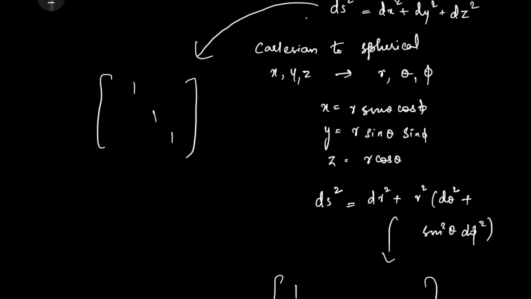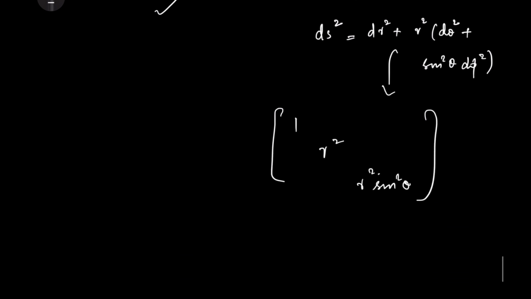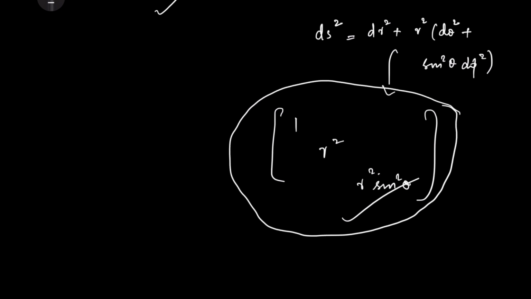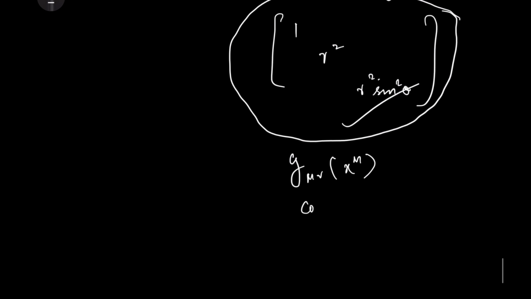People think that this is flat space and this is curved space-time, but actually not. Both are flat. So this dependence of metric tensor on the coordinate is actually a coordinate artifact.